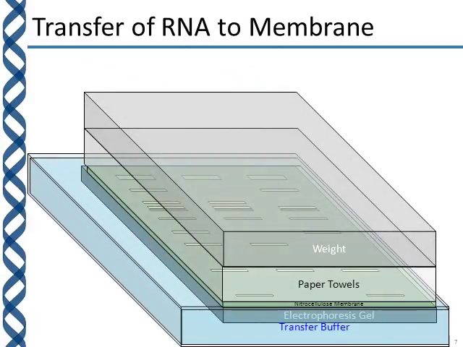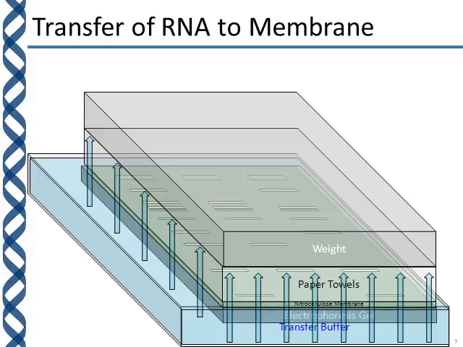Transfer buffer is then added to the tray, and this transfer buffer is then drawn by absorption through the gel and through the nitrocellulose membrane and into the paper towels. This way, any molecules in the gel are transferred to the nitrocellulose paper.